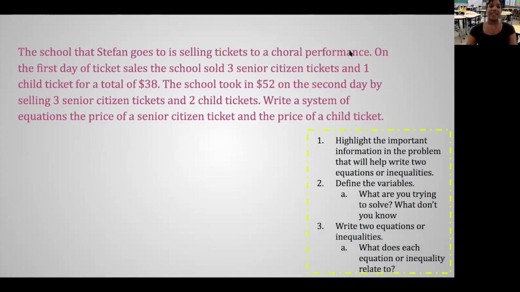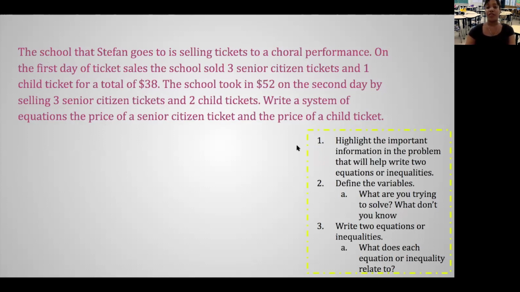All right, next question. The school that Stefan goes to is selling tickets for a choral performance. On the first day of ticket sales, the school sold 3 senior citizen tickets and 1 child ticket for a total of $38. The school took in $52 on the second day by selling 3 senior tickets and 2 child tickets. Write a system of equations to represent the price of a senior ticket and a child ticket, right?